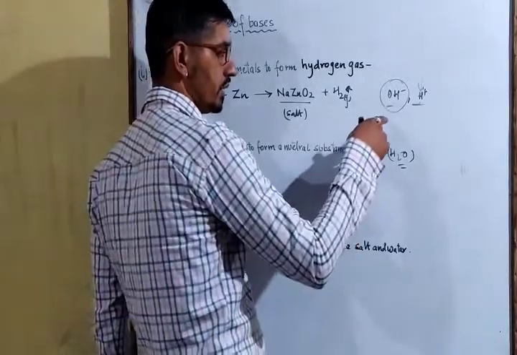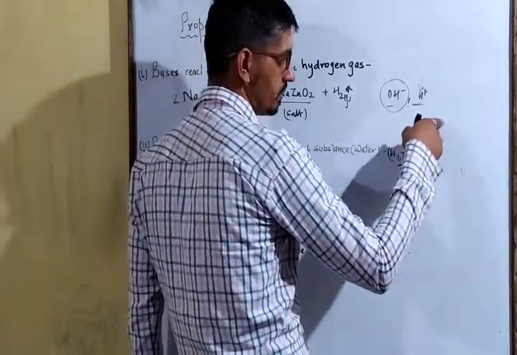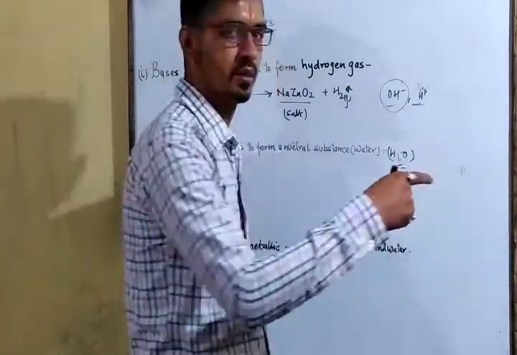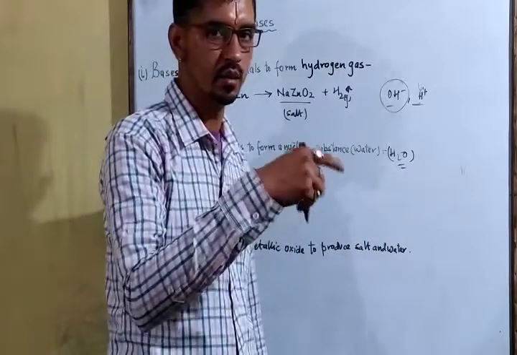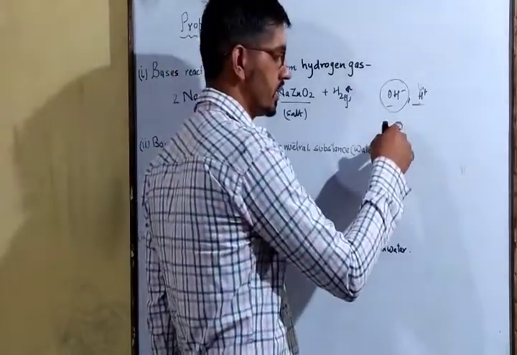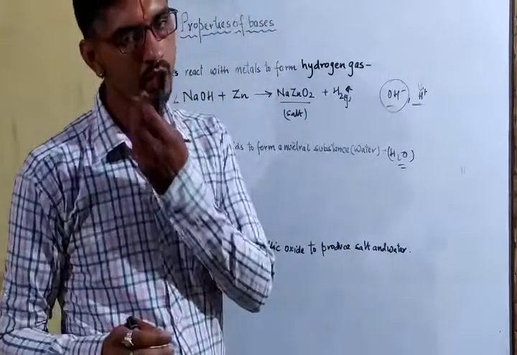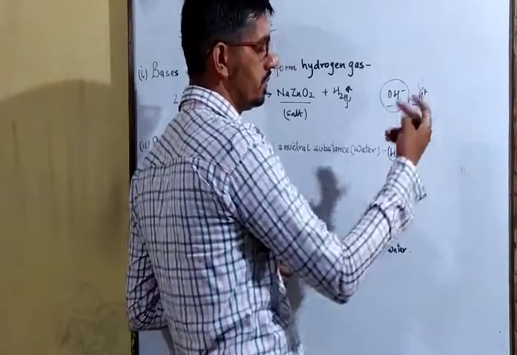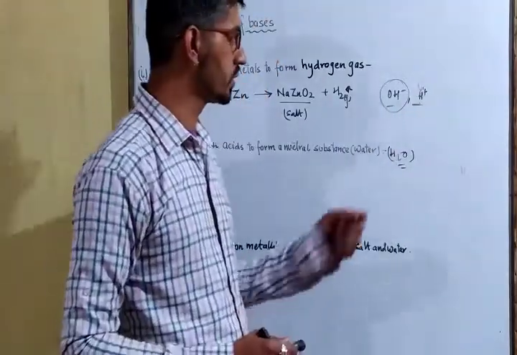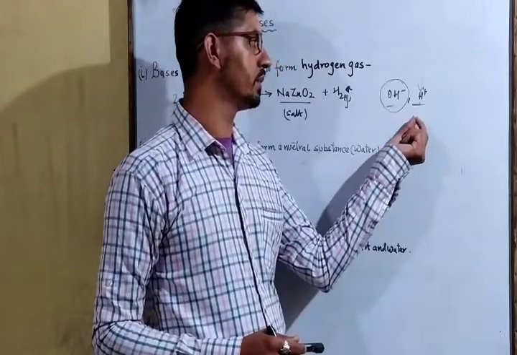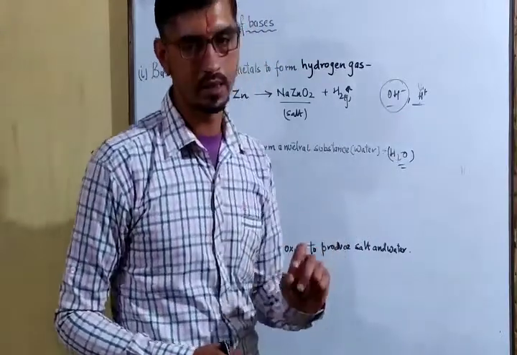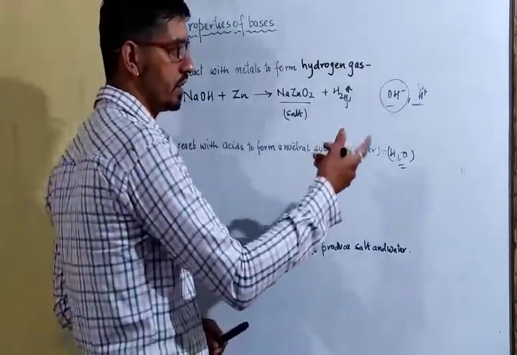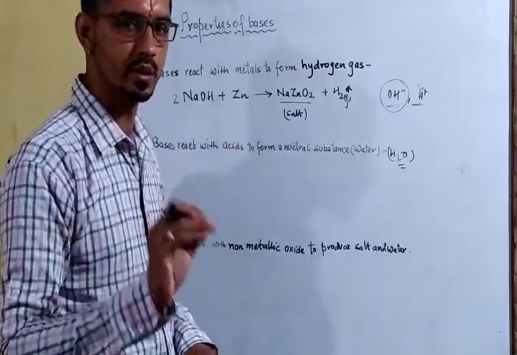Water has the same number of OH ions and hydrogen ions, and we know that the production of hydrogen ions is the specialty of acids, and production of OH ions is the specialty of bases. So this part comes from the base, and this part comes from the acid. So why is it neutral? Because they have the same number of hydrogen ions and OH ions in its molecule. That's why it is known as a neutral substance.